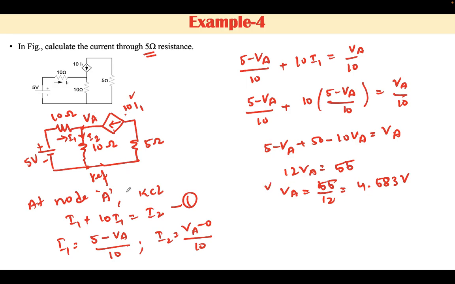Now in this circuit, this is the voltage VA. Putting the value of VA in this equation, we can find out I1, and putting the value of I1 in this circuit, we can find out the current flowing through the 5 ohm resistance.